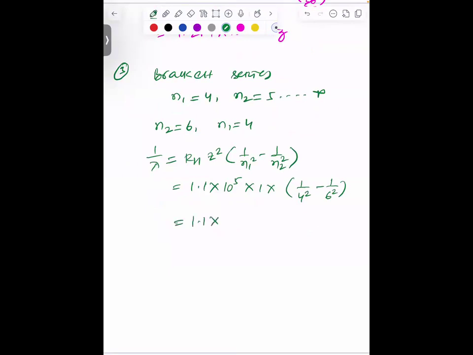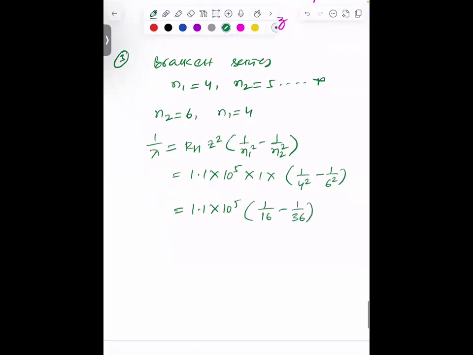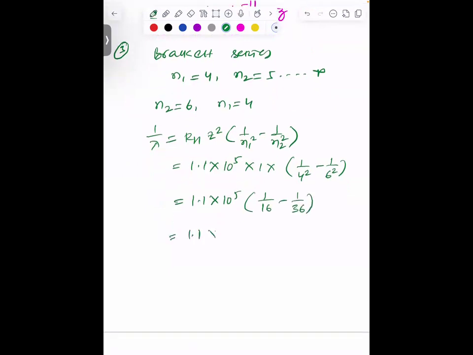So it is 1 upon 16 minus 1 upon 36, so 1.1 into 10 to the 5 into 20 upon 16 into 36.